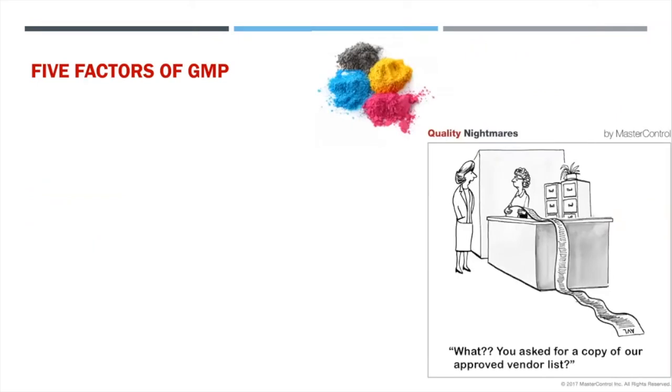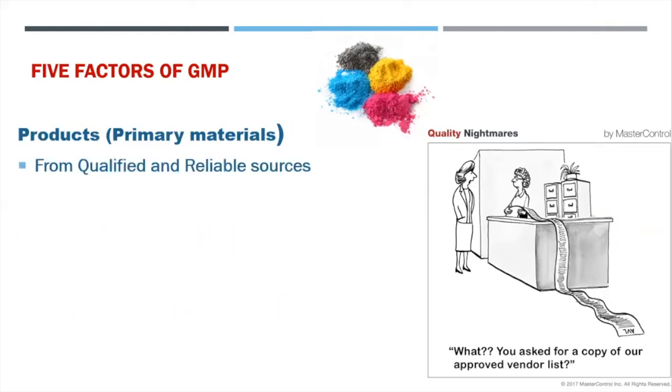Products. By saying products, we actually mean primary materials, which are the raw materials from qualified and reliable sources. Now, if we talk about the primary materials, we are actually talking about the vendors, the API manufacturers, which is active pharmaceutical ingredient manufacturers.